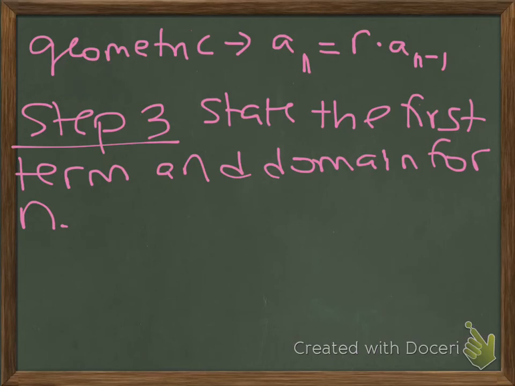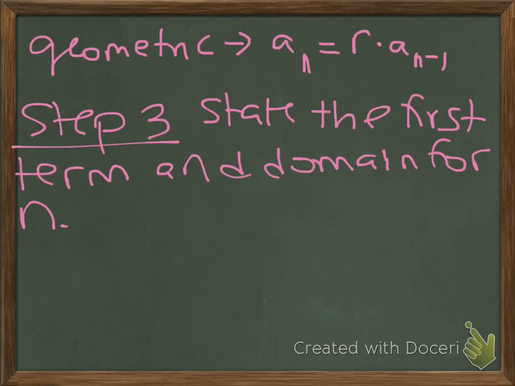And the geometric recursive formula setup is a sub n equals r times a sub n minus 1, which r is going to be your common ratio. And then the third step is going to be to state the first term and then the domain for n. So we're going to take each of these and do the 3-step process.